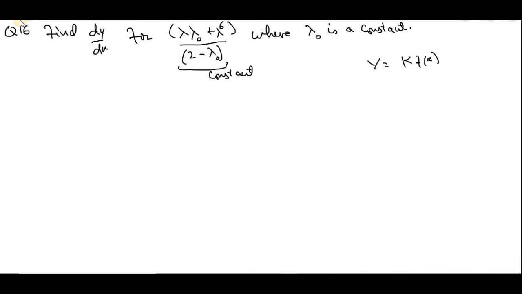So we will use the formula y is equal to k f of x, which is the constant times function, and for this dy by dx is equal to k d by dx f of x, and then we will apply the corresponding formulas.